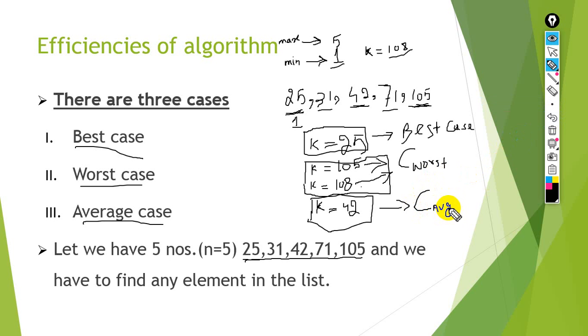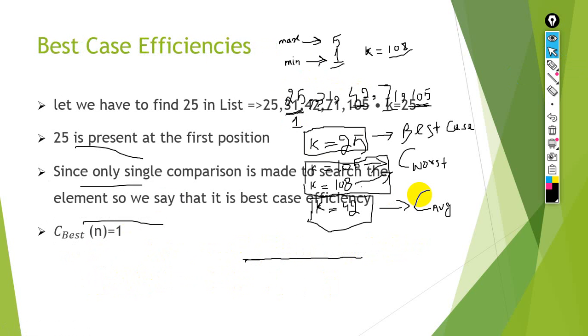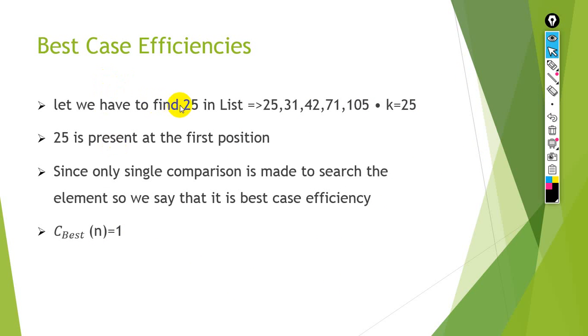Here is what we explained, written down. Let we have 5 numbers, n is equal to 5: 25, 31, 42, 71, 105, and we have to find any element in the list. First, the best case. Let we have to find 25 in the list. 25 is present at the first position, so only a single comparison is made to search the element, and we say it is best case efficiency.